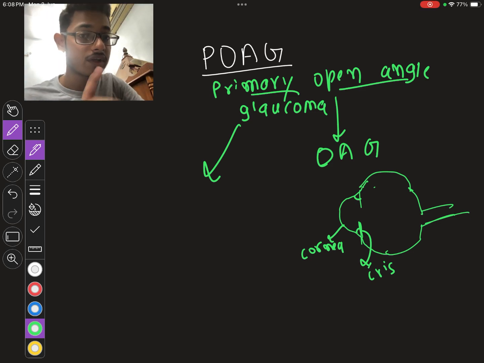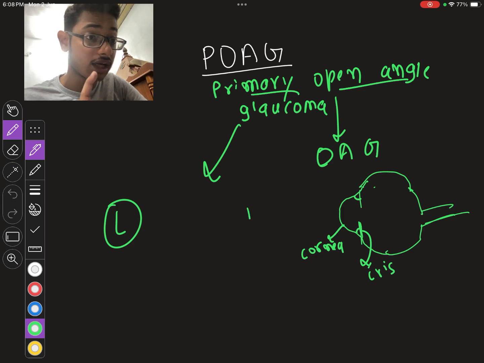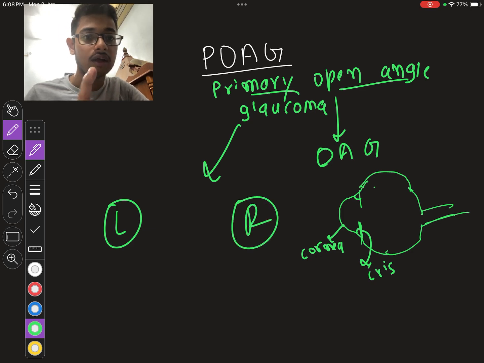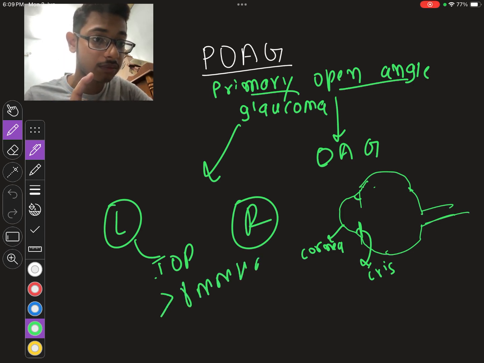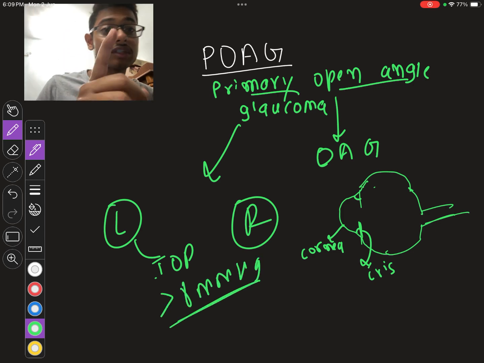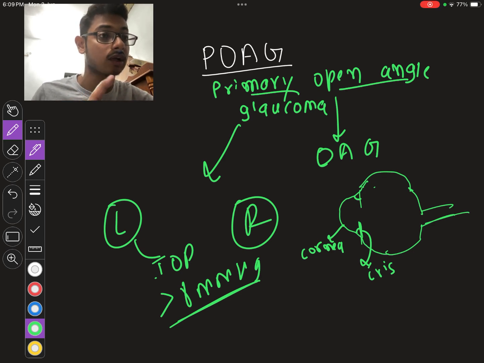If the IOP difference, the intraocular pressure difference or diurnal variation, between the left eye and the right eye is more than 8 millimeters of mercury, then you can say the person suffers from primary open angle glaucoma.